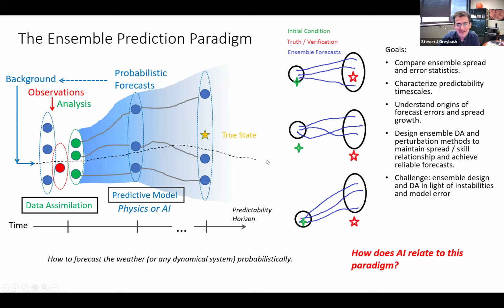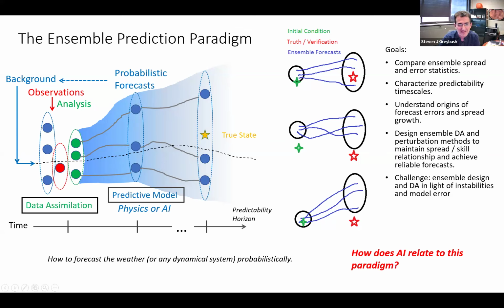At some time further in the future, we know due to the butterfly effect or chaos, we lose predictability for an event. So it's important to characterize how well we are representing the uncertainty in an event through ensembles, as well as at what stage for different phenomena we lose predictability for an event, or when we have reached the predictability horizon.